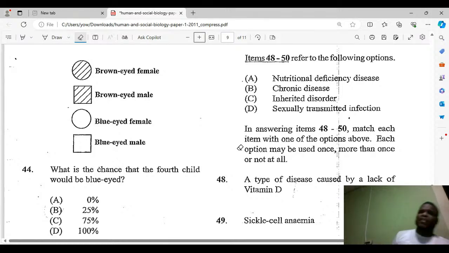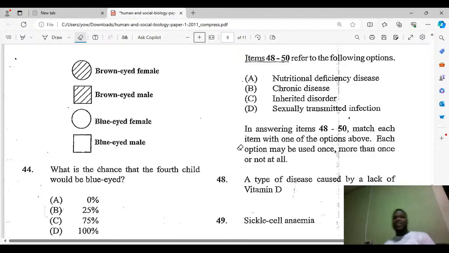Questions 48 to 50 refer to the following options: nutritional deficiency disease, chronic disease, inherited disorder, sexually transmitted infection. Match each item with one of the options above. Each option may be used once, more than once, or not at all.